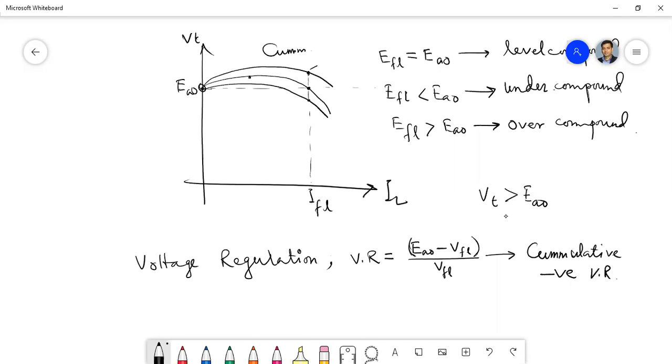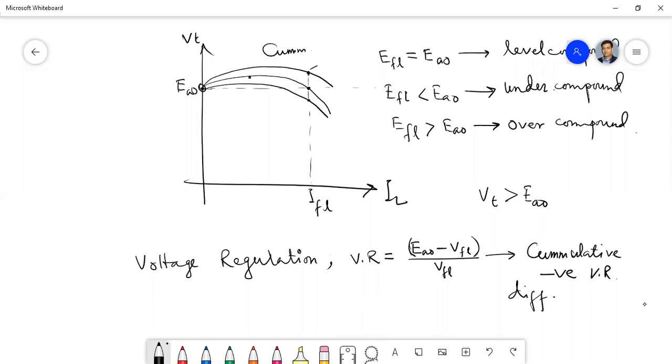For other types of generator we get positive voltage regulation, and we get the maximum positive voltage regulation for the differential compound machine.